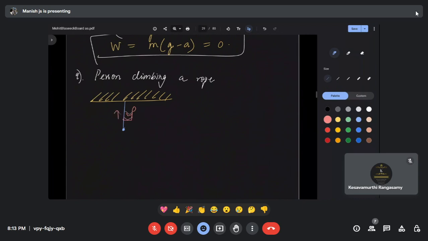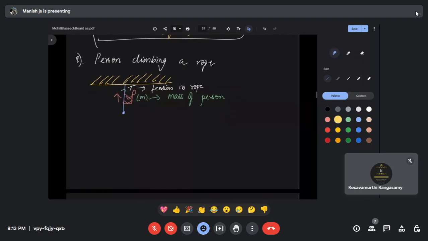So if a person is trying to climb the rope, then what are the relations? Let us see. The person has a mass of m, where m is the mass of the person, and T is nothing but the tension in the rope. I've depicted this situation diagrammatically. So when a person climbs the rope, this also has cases.